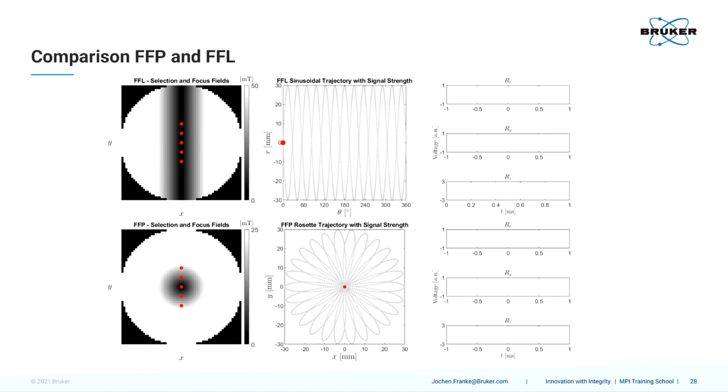And we do the same for the field free line, same frequencies, same directions, but now we do not plot the x and y axis, but the angle of the field free line and the distance r to the origin, okay? And this is called a sinogram, and the sinogram can then be used to reconstruct MPI images.